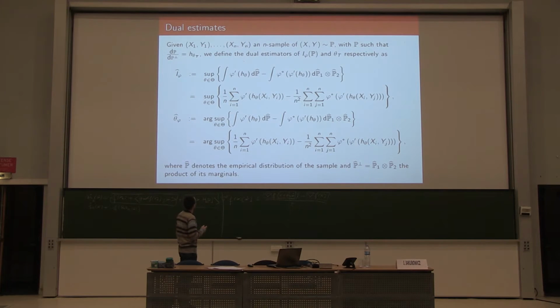So explicitly, when your observations are an n sample of a couple of random variables drawn according to some probability p, and you assume that the density ratio belongs to this semi-parametric model, then we call the dual estimator of the phi mutual information the estimator obtained by computing the supremum over the set of parameters of this empirical version of the objective function.